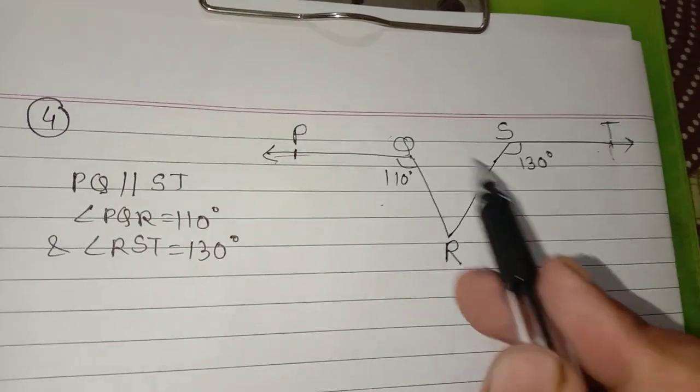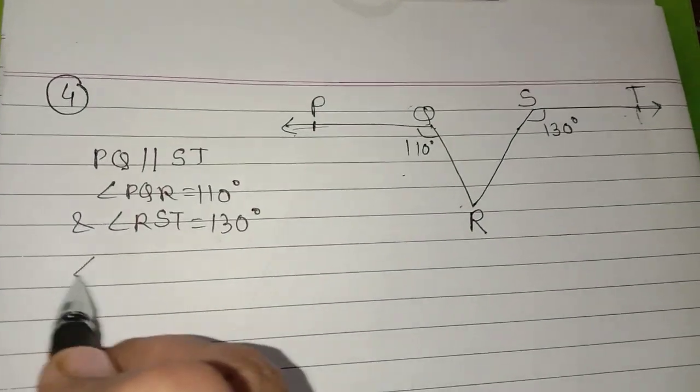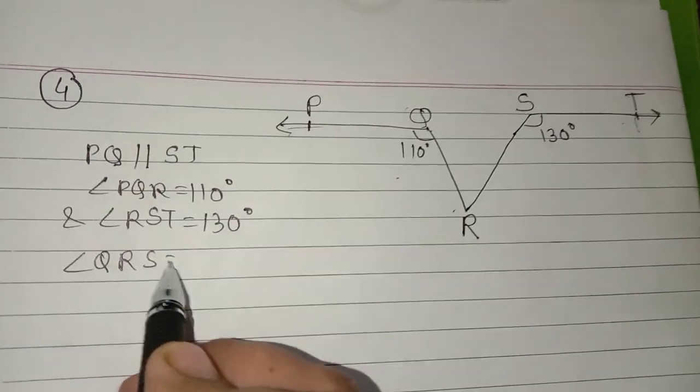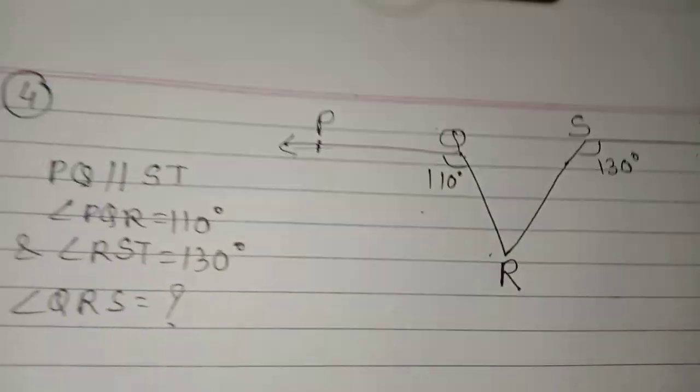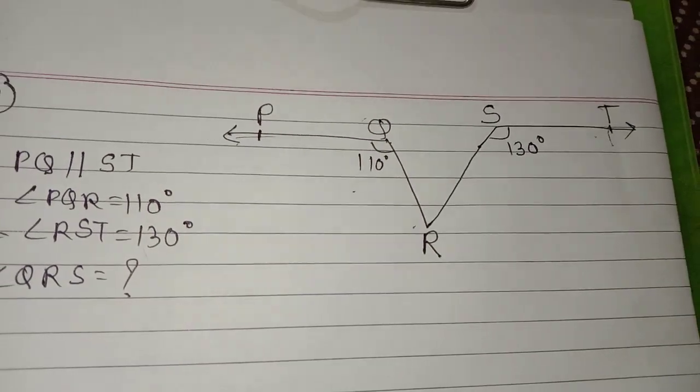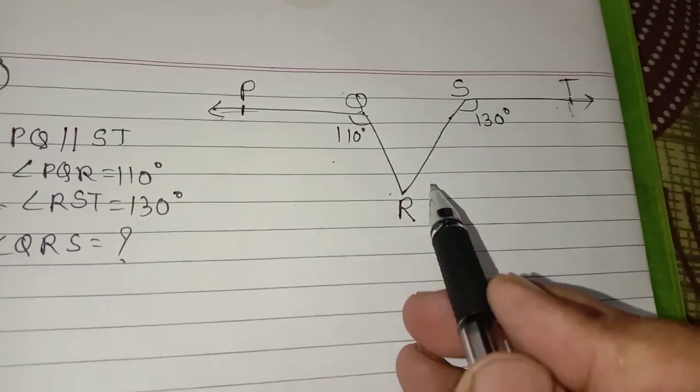So to find angle QRS, not a big task, a little bit twisting, but you can do. How do you find angle QRS?